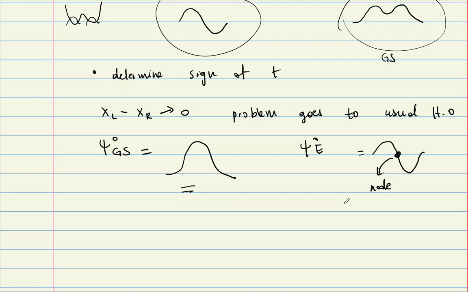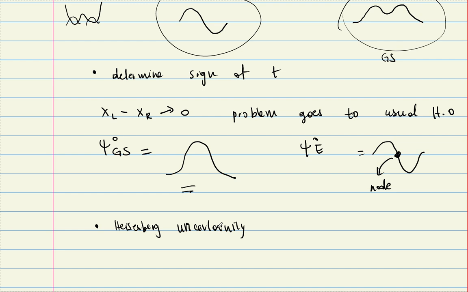There are other arguments. For example, you can consider Heisenberg uncertainty. You want to reduce the energy, right?